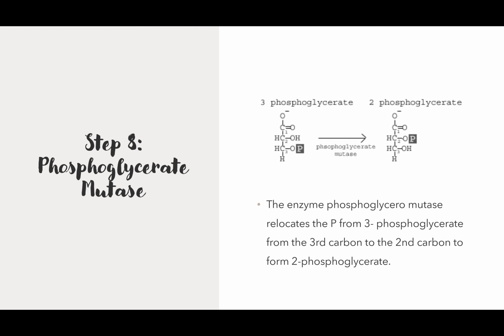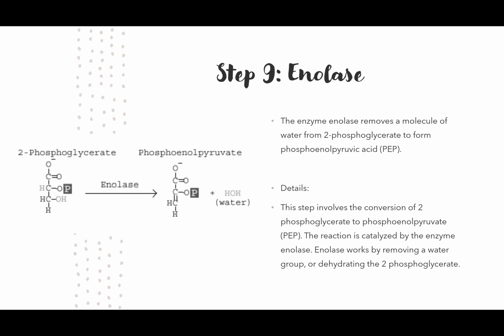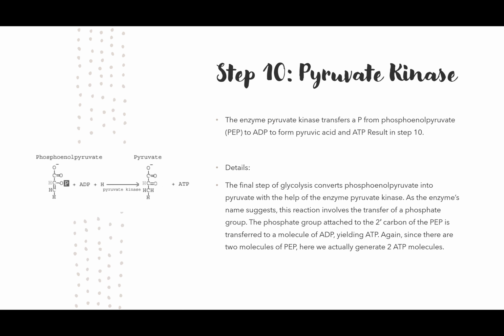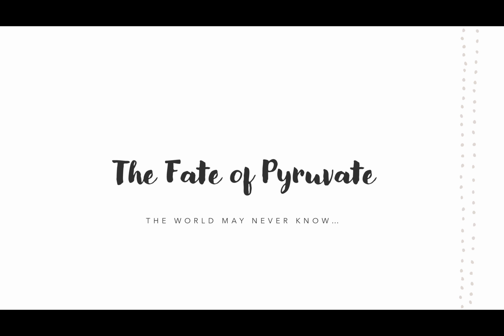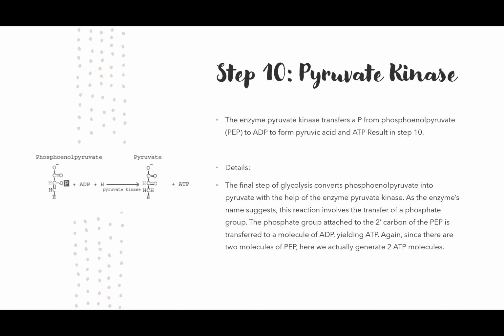That 3-phosphoglycerate now will have the phosphate group moving from the third carbon and placing it on carbon number 2, changing it from 3-phosphoglycerate to 2-phosphoglycerate. Then we have enolase removing our water, creating our phosphoenol pyruvate, and then pyruvate kinase removes the last phosphate group, which will now produce another ATP molecule, and finally pyruvate, right? So that is the entire process there.